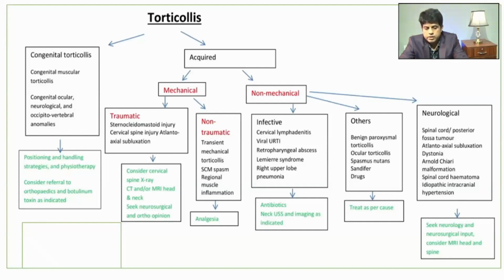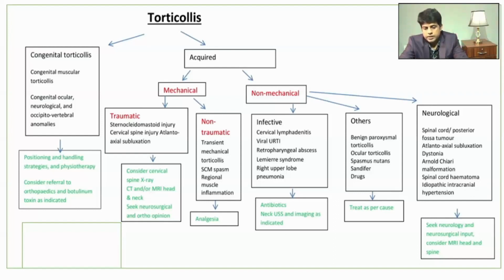And most of these children will need opinion, support, advice and further management by the neurosurgical and the orthopedic teams. And mechanical non-traumatic examples include transient mechanical torticollis, for example sleep positioning related, or regional muscle inflammation. So they can be managed with supportive care alone with simple analgesics including paracetamol and non-steroidal anti-inflammatory agents.